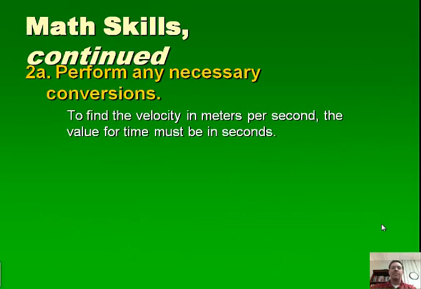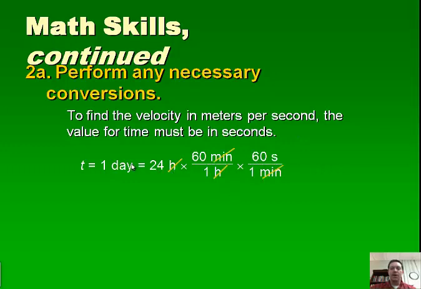To find velocity in meters per second, the value for time must be in seconds. So we have to take our 1 day and convert it to seconds. We have 24 hours a day, 60 minutes in an hour, and 60 seconds in a minute. So we cancel our hours, cancel our minutes, and take 24 times 60 times 60.